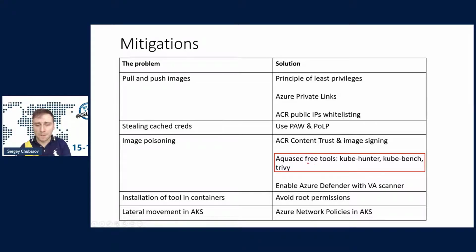For this purpose, we have free tools from a company called Aquasec, and you may find them on GitHub. There are a few free tools: KubeHunter, KubeBench, and Trivy. KubeHunter may scan your Kubernetes from outside, remotely. And that's what attackers can do if they know the address of your Kubernetes. Let me show you this real quick.